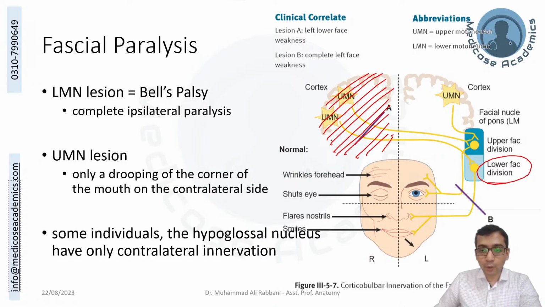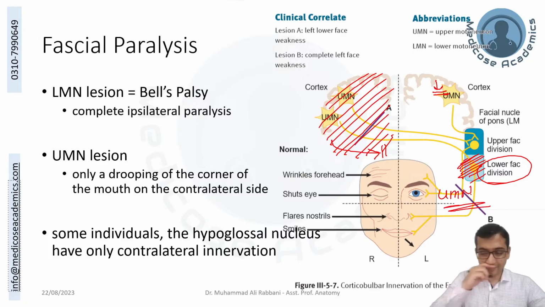Why? Because the innervation from the contralateral side of the hemisphere is interrupted, but there is nothing to reciprocate for it from the same side. So the lower division gets paralyzed. It suffers upper motor neuron type palsy.